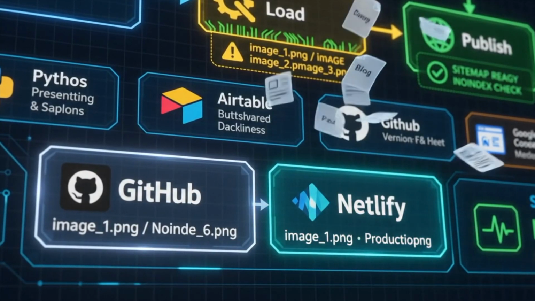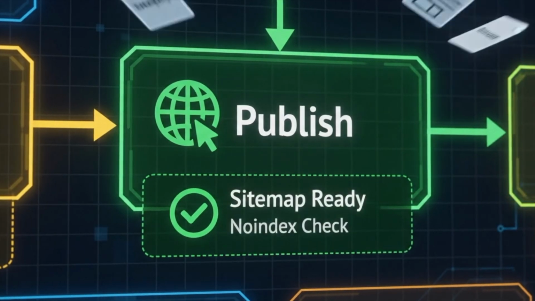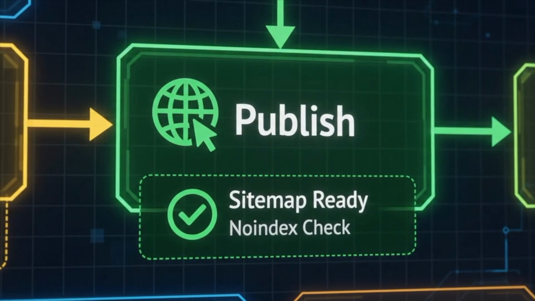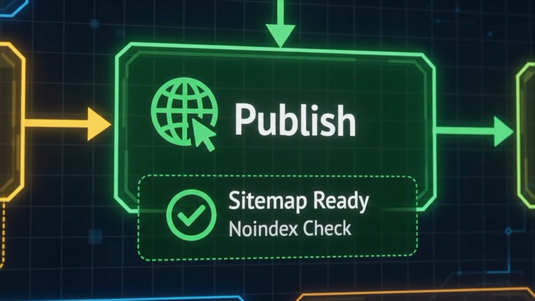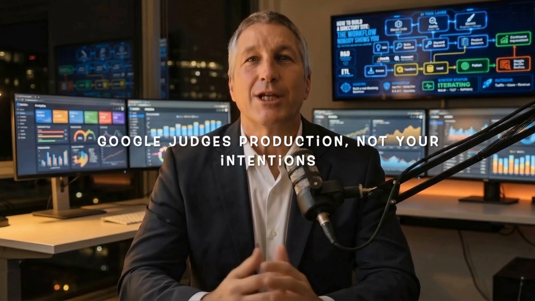The build needs to know whether a page should exist, whether it belongs in the sitemap, whether it should be no-indexed, whether it should carry ads, and whether structured data should be omitted. Local success is not enough. The real question is, what is production serving right now? Builder takeaway: the build system must decide what is public, indexable, monetizable, and sitemap worthy.